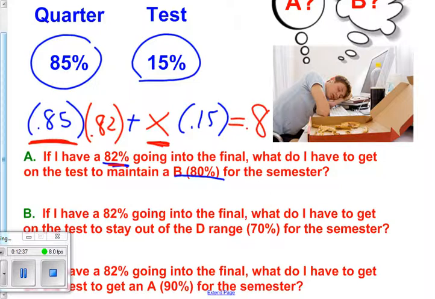So we want to maintain a B, so we'll set that equal to 0.8. What does x come out to equal? Can we solve this? Let's solve it. 0.85 times 0.82. What is that? 0.697.